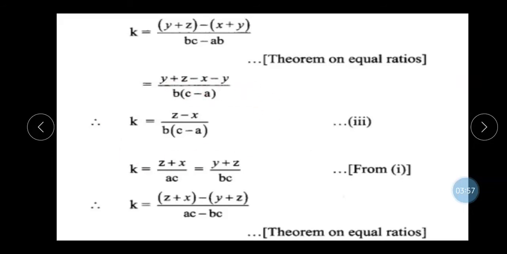Now lastly, k is equal to (z plus x) upon ac is equal to (y plus z) upon bc. Applying theorem on equal ratios, we get (z plus x) minus (y plus z) upon ac minus bc.